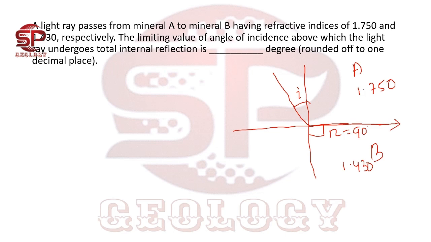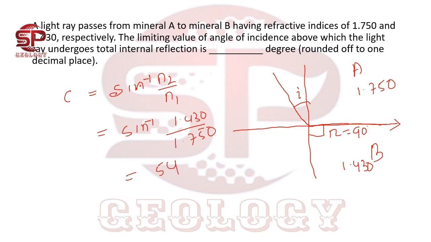So we can calculate the critical angle C by this formula: sin inverse N2 by N1. So sin inverse of 1.430 divided by 1.750. So it will be 54.79. So the critical angle for which the light will be critically refracted will be 54.79.